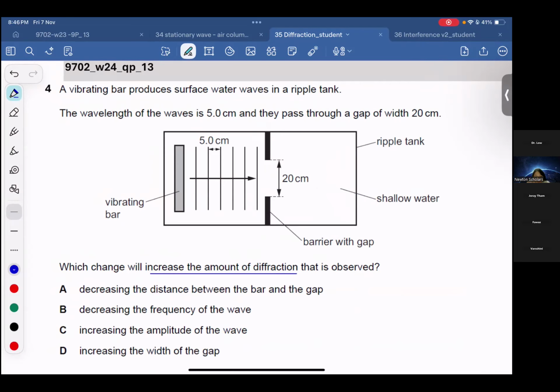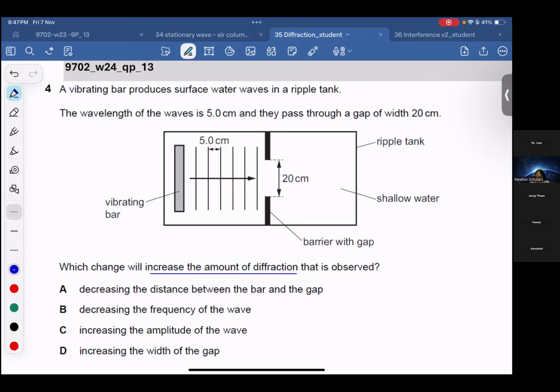Distance between the bar and the gap. No, Manjo. Read properly. Vashini correct. Wesley correct. Prasan correct. Fawal no.